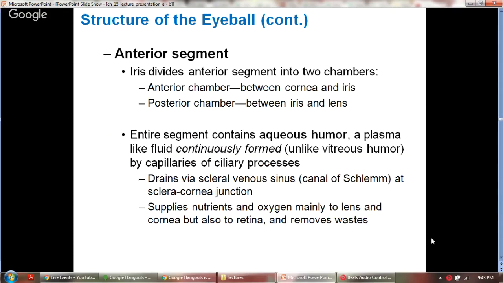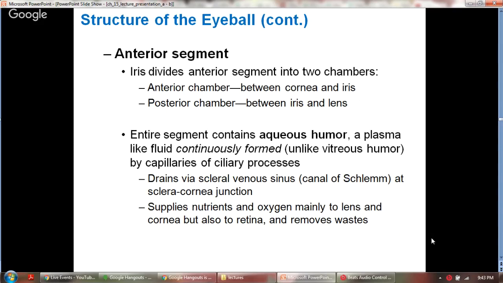In the anterior segment, the iris divides it into two chambers: the anterior chamber between the cornea and the iris, and the posterior chamber between the iris and the lens. The anterior segment contains aqueous humor, which is a plasma-like fluid continuously formed by capillaries of the ciliary process.